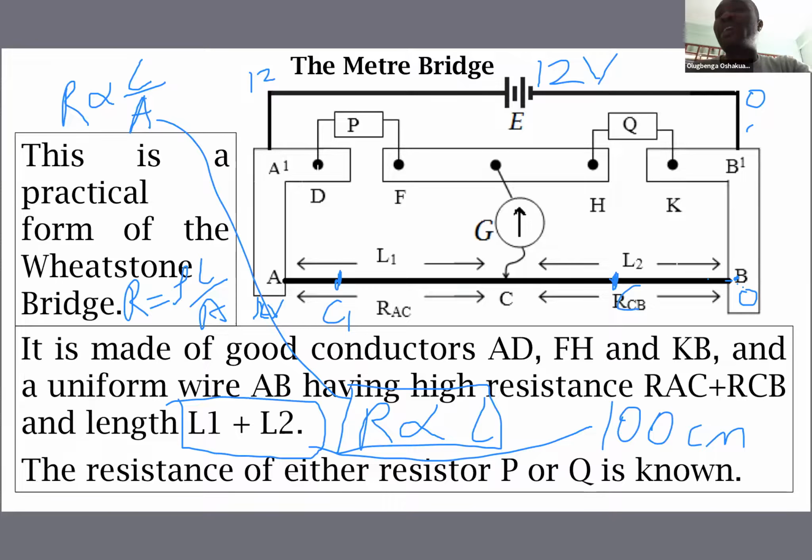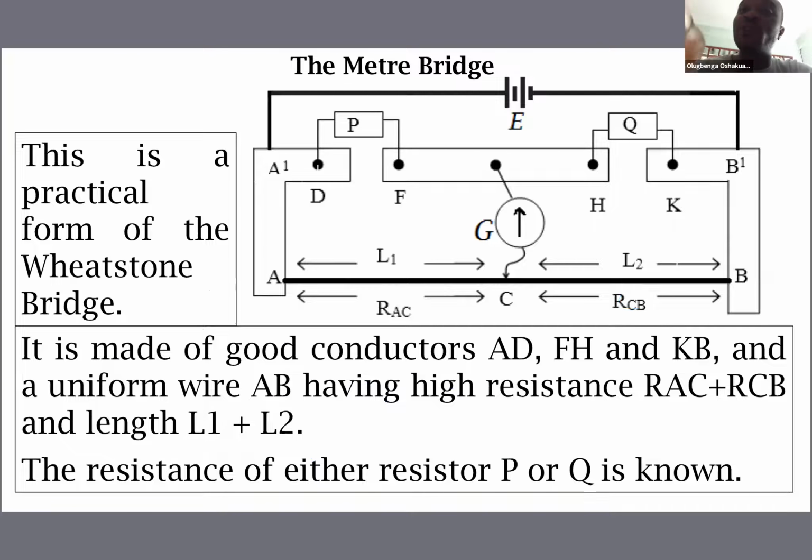It is the constantan wire, or the resistance wire, so we are less concerned about A. And since it's the same material, we are even less concerned about the resistivity of the wire. What is of interest to us is that the resistance of the wire is directly proportional to the length. And when we bring in a constant of proportionality, we say R equals KL.